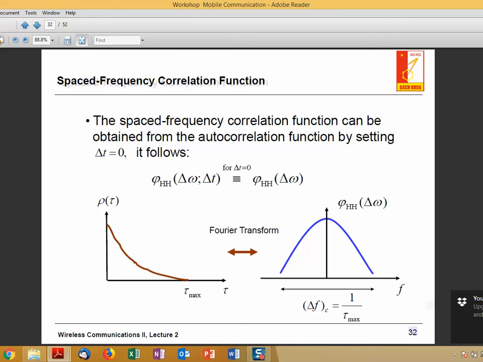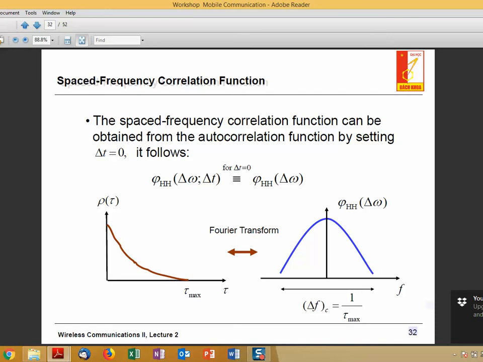And now you know that the correlation function tells us about the variation of the channel, which we learned this morning. I repeat again: the purpose of the correlation is that it tells us if the channel is correlated or not correlated.